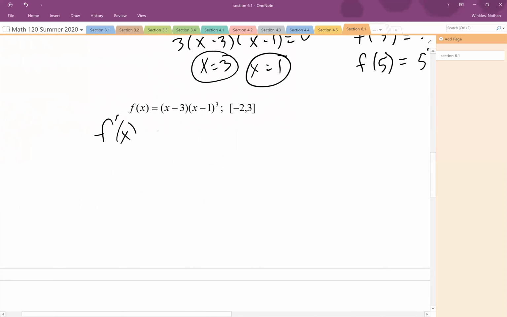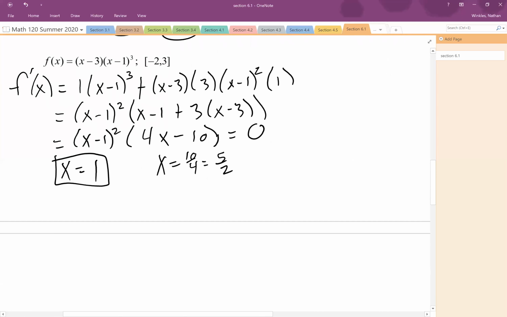So (x minus 1) squared times (4x minus 10) equals 0. So x equals 1, and then x equals 10 over 4, which is 5 over 2.